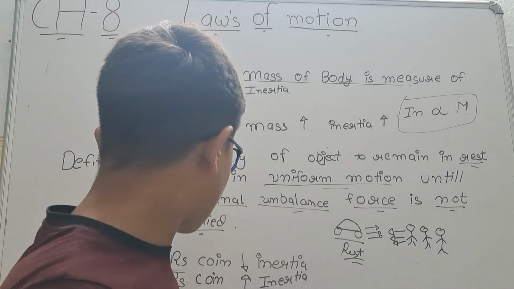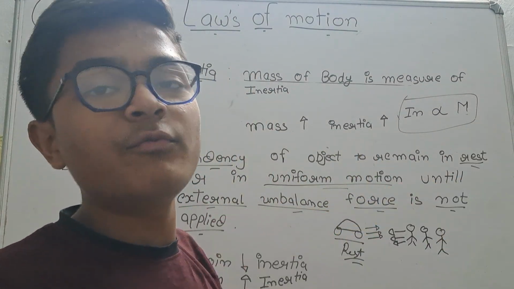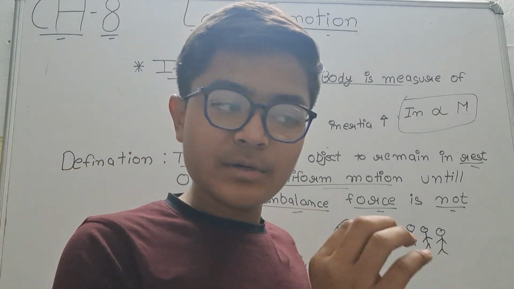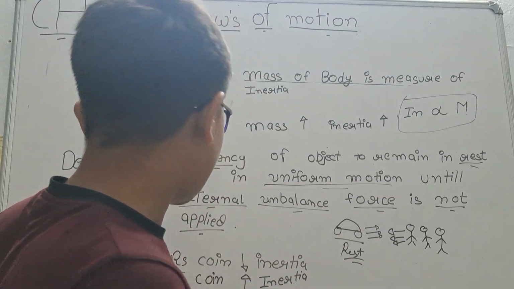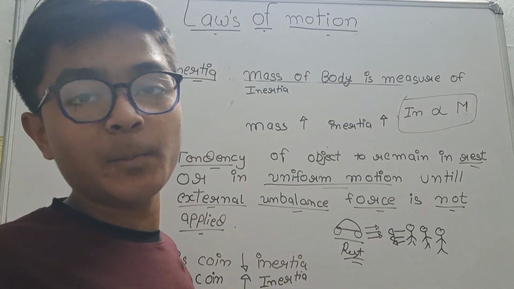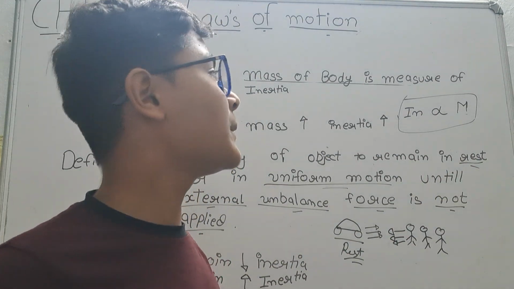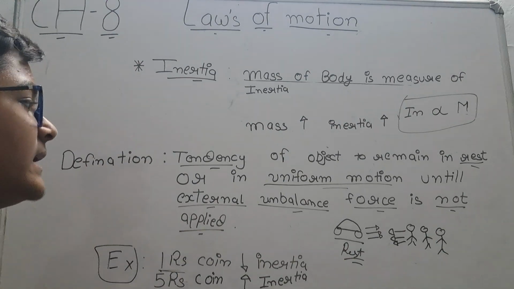You will find that the 5 rupee coin goes further. You applied an equal amount of force on both coins, but the mass of the 5 rupee coin is more than the 1 rupee coin, so it goes farther. So we have done inertia, its definition and its examples.